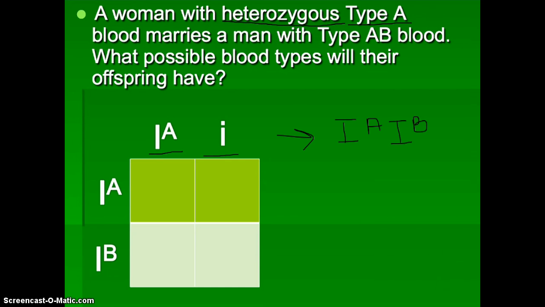This would tell us she was type AB, and we know that that is not the case. So this is why we can determine the genotype just from the information that was given in the question.